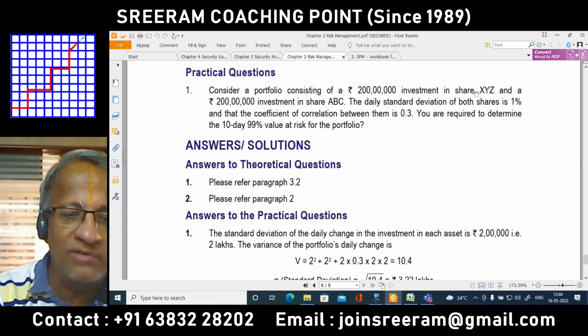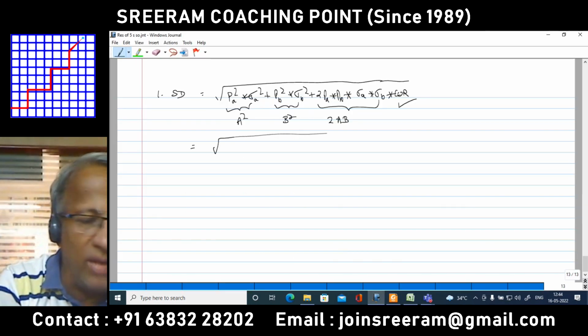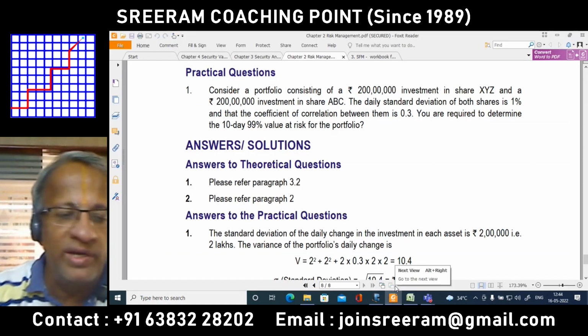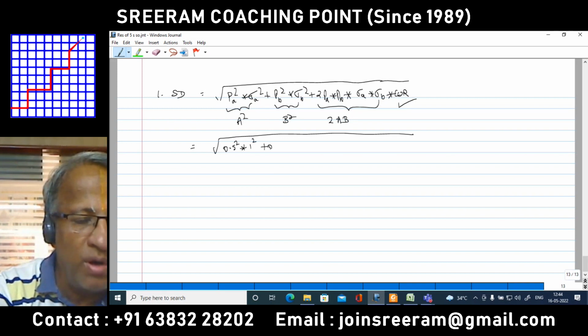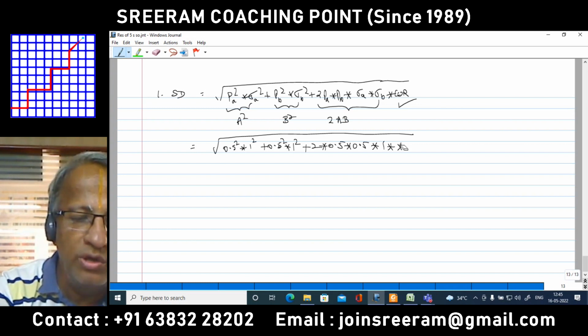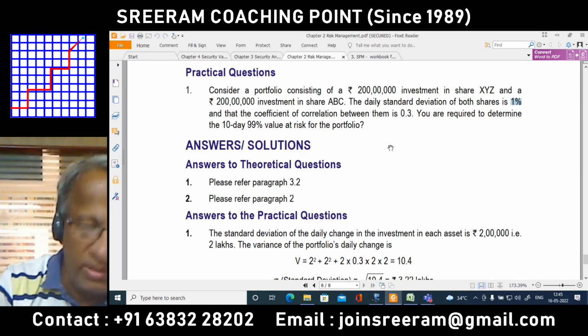200 lakhs and 200 lakhs of XYZ and ABC is indicating that it is 50%, they have 0.5 squared into, we are very fortunate where they are in equal ratio with same amount of standard deviation, and it is 1 squared plus 0.5 squared into 1 squared plus 2 into 0.5 into 0.5 into 1 into 1 into the correlation coefficient, which is 0.3.